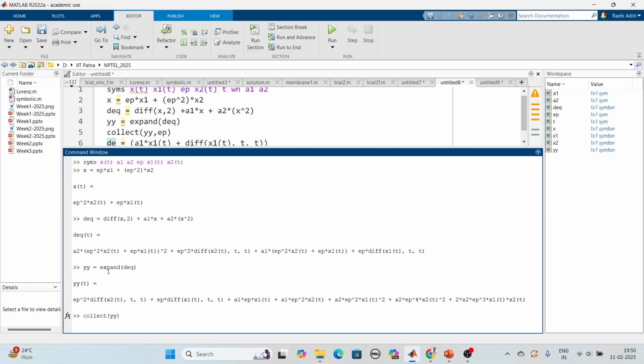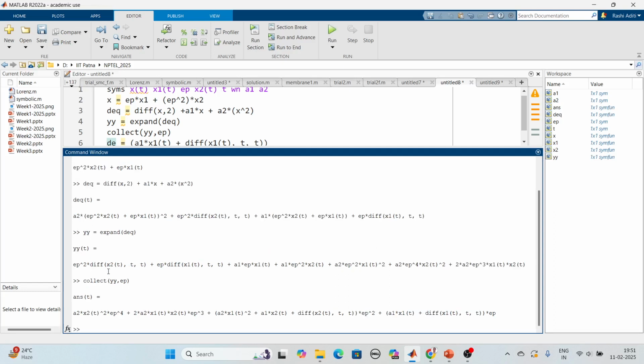This yy I have just taken as a parameter to define. You can take any of the parameters that you want to define the expanded equation. Like I've considered yy, you can consider xx, or you can write the whole name. That is also possible, whichever you are comfortable with. So we'll do collect yy comma ep.